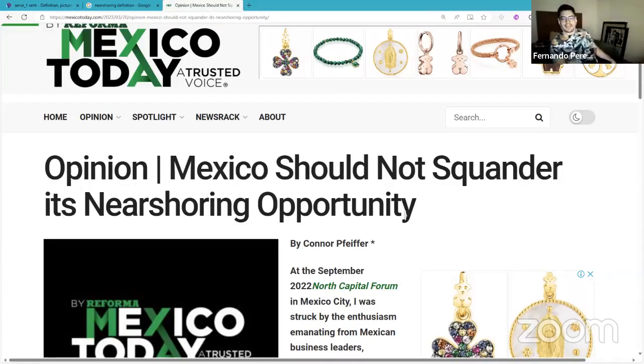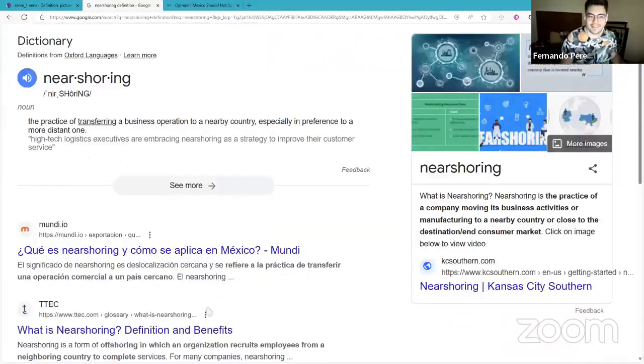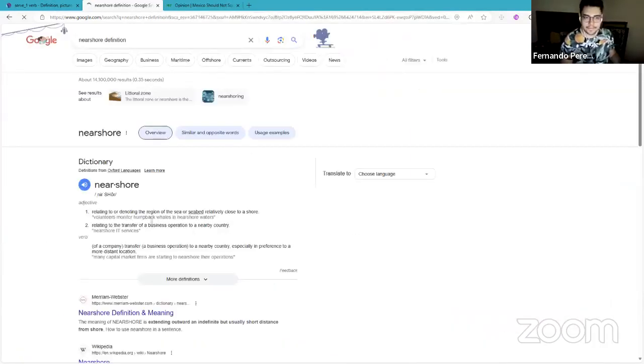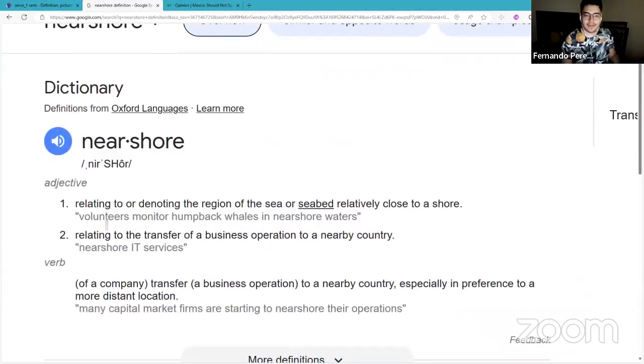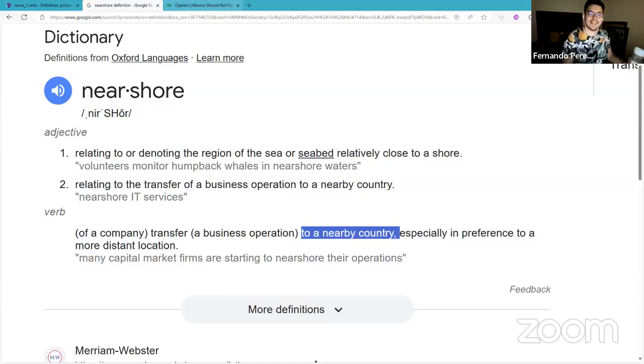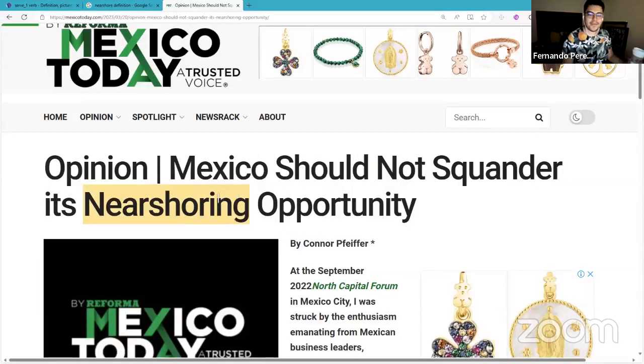And nearshoring comes from the verb nearshore, transfer to a nearby country. Does it make sense? We are transforming a verb into an ing.